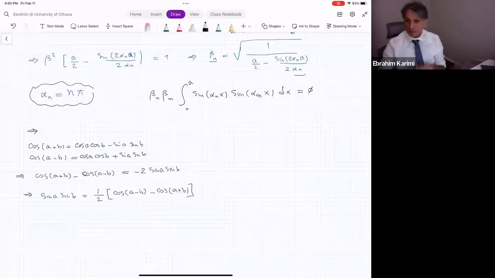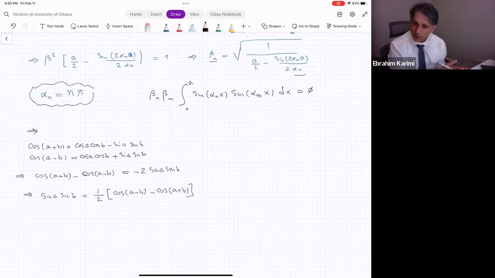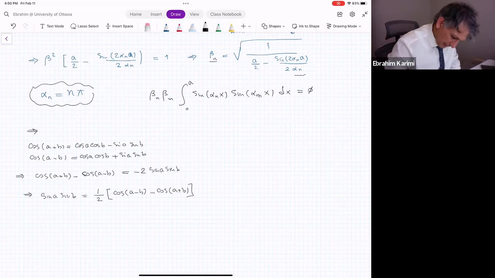What I'm doing, I'm changing the product of the two because I don't know how to do the integral of the product, but I know what to do with the integral of a sine or a cosine. So this is the reason that I'm transferring it to a cosine function. So that will be beta of n, beta of m, integral of 0 to a of 1 divided by 2, the first term will be cosine of the difference.